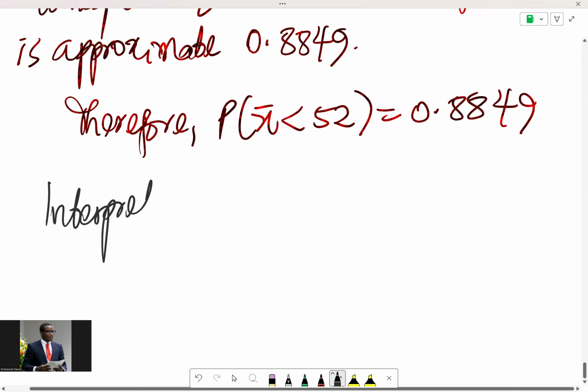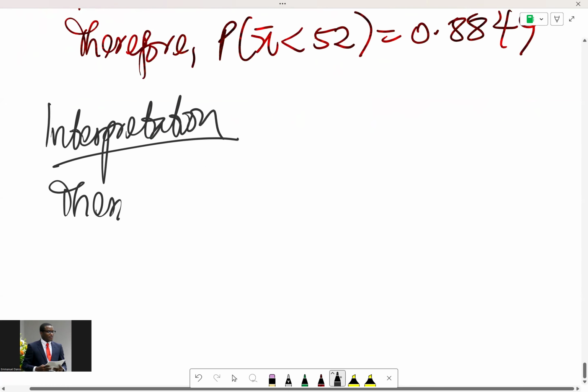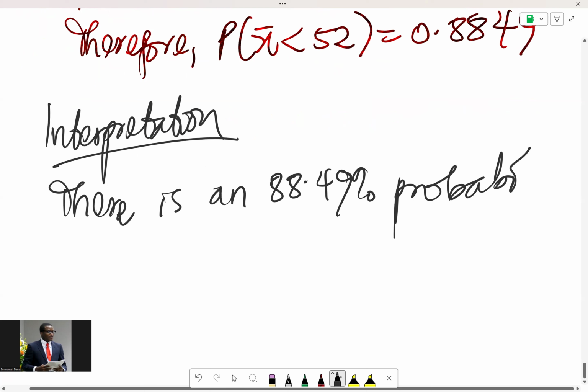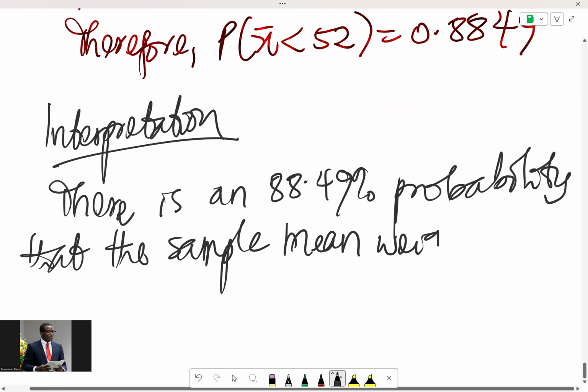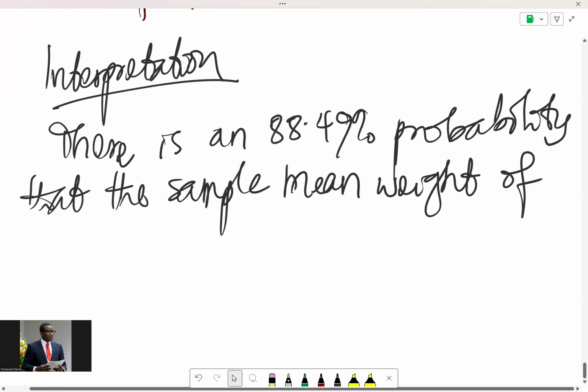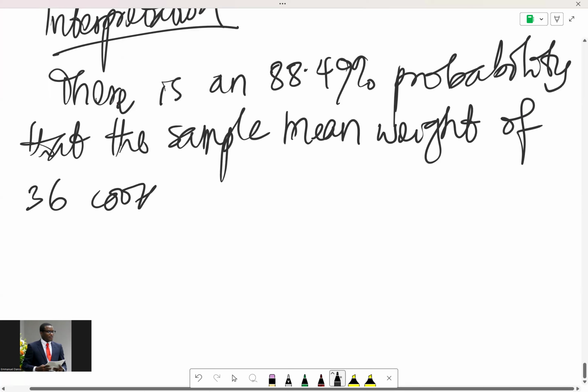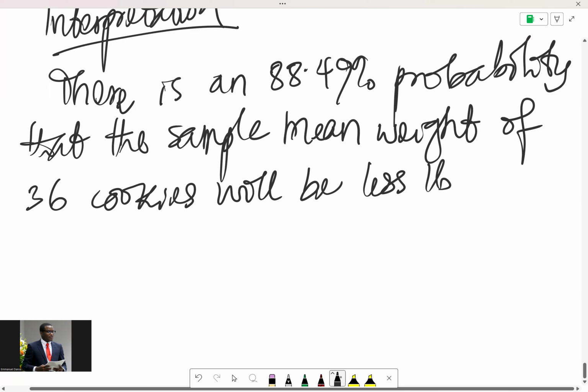Okay. So how do we interpret this now? Interpretation. There is an 88.49% probability that the sample mean weight of 36 cookies will be less than 52 grams.